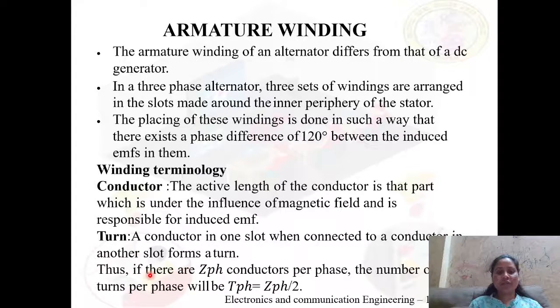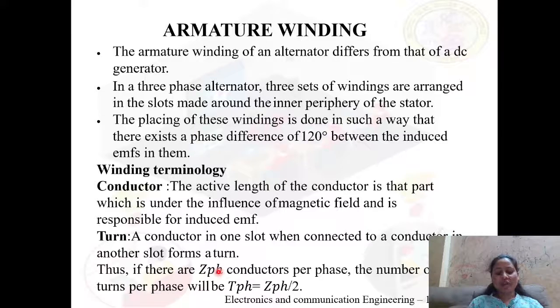So in this three-phase alternator, there will be more number of turns, and the number of conductors will be distributed in all the turns and in all the phases. Suppose we assume ZPH represents the number of conductors distributed in a single phase, and there are three phases here.